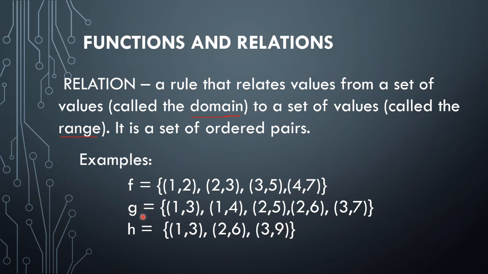For relation G, we have (1, 3), (1, 4), (2, 5), (2, 6), and (3, 7). And the last relation, H, has (1, 3), (2, 6), and (3, 9). These are examples of relations.